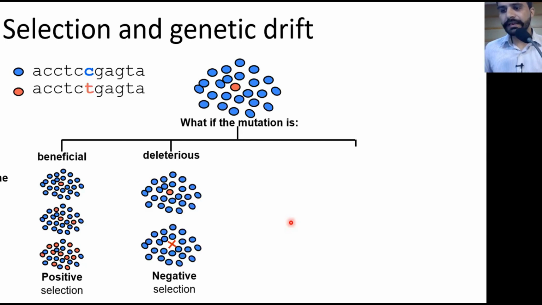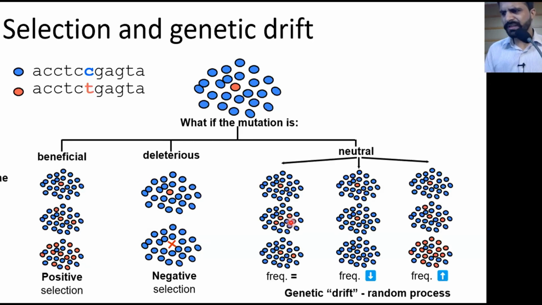And if it is deleterious, it will result in negative selection, and it will sweep out of the population. If there is a neutral mutation, it can increase in frequency or decrease in frequency. Because it's a neutral mutation, it does not impact the genotype, it does not impact the trait, and it does not actually affect the selection system.